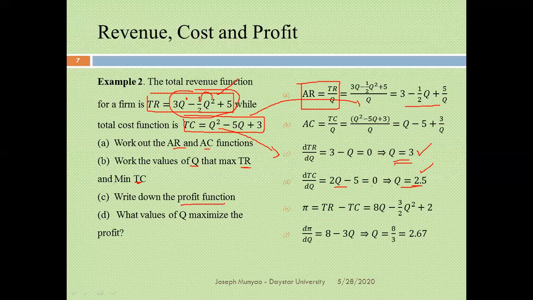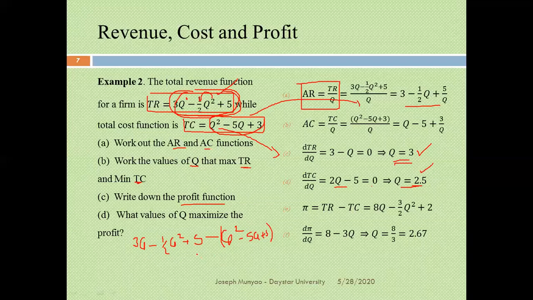Now, what is the profit function? To get the profit function, you get TR minus TC. So you take this function here and subtract this function here. So I will have 3Q minus 1 over 2 Q squared plus 5, then I subtract Q squared minus 5Q plus 3.